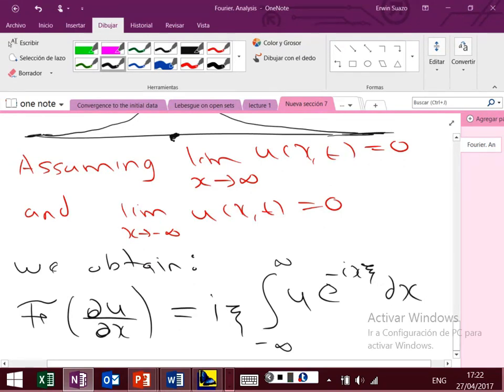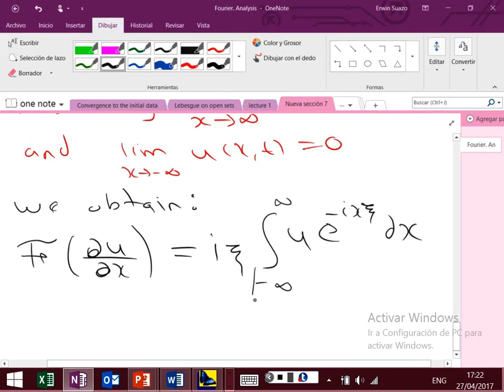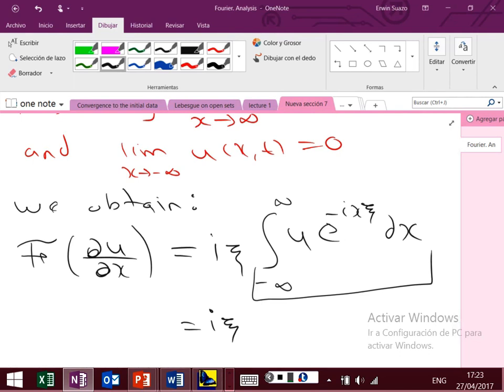Okay, but who is that guy? That's the Fourier transform of u.